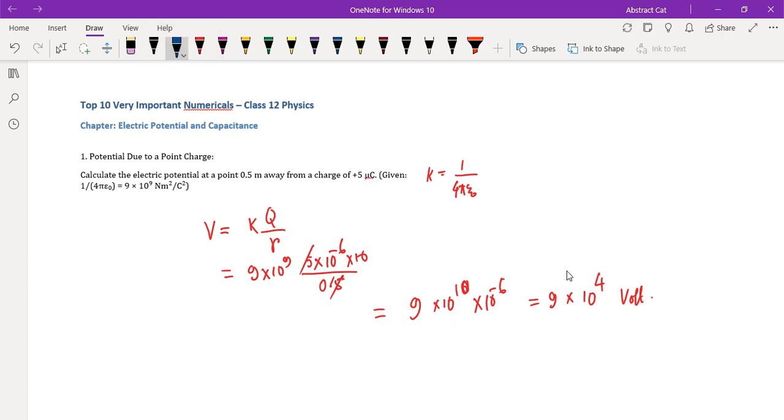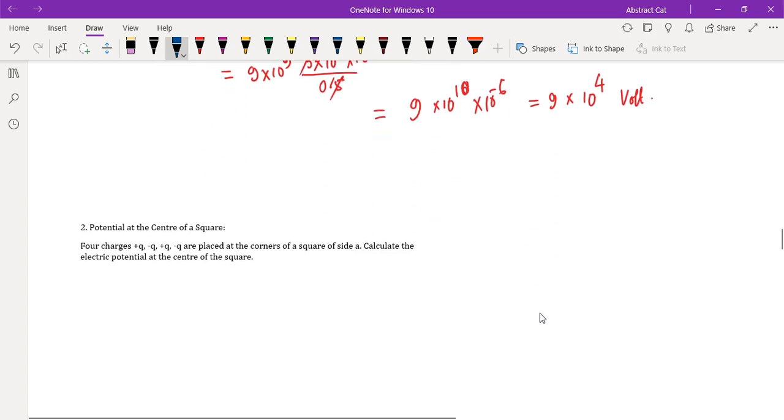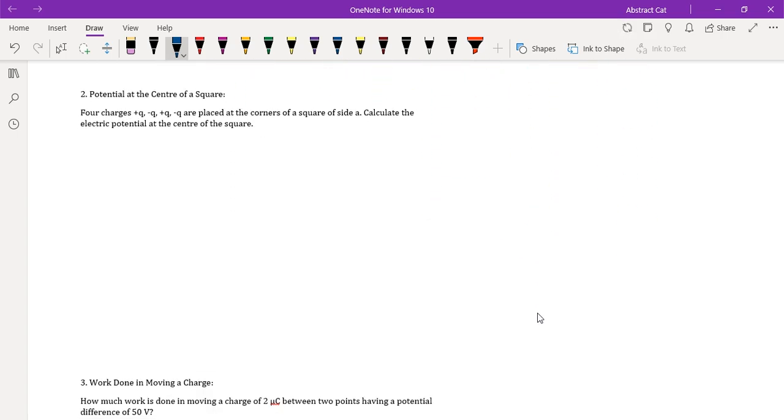Now we jump to our second numerical. Potential at the center of a square: 4 charges are given, plus Q, minus Q, plus Q, again minus Q, placed at the corners of a square of side A. Calculate the electric potential at the center of the square.